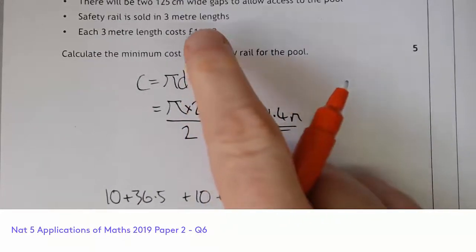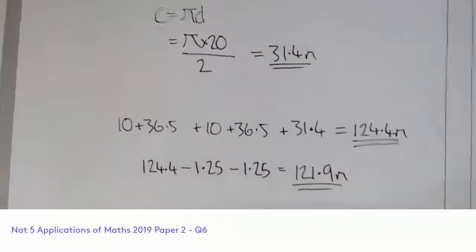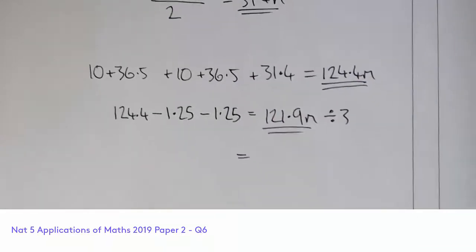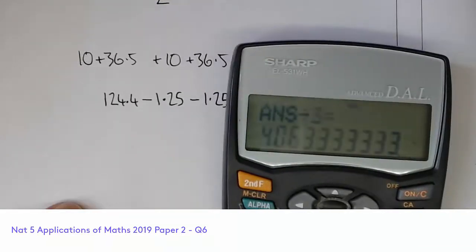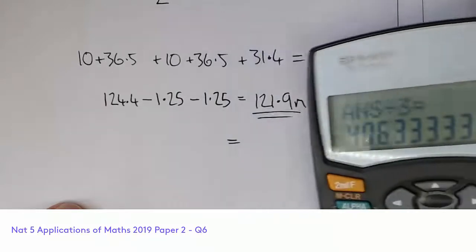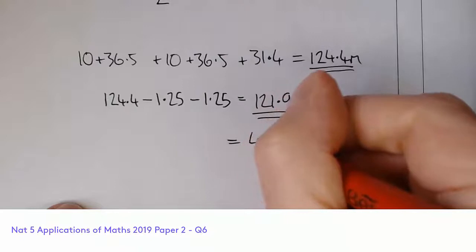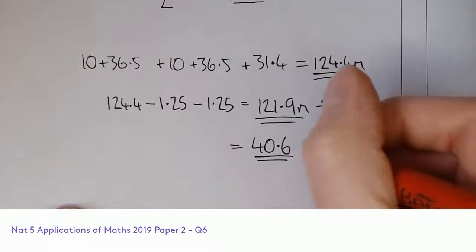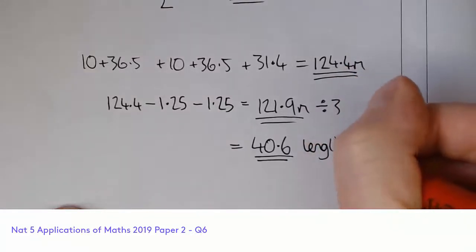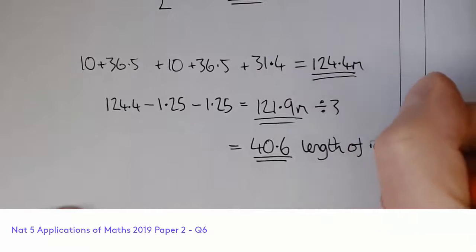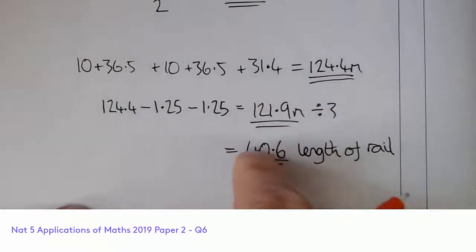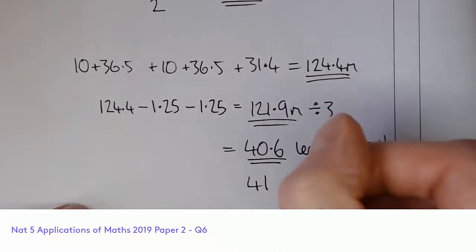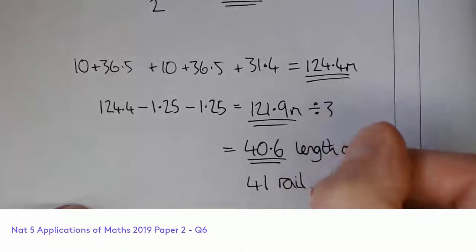Now they're sold in 3 metre lengths, so I'm going to divide that by 3 to work out how many lengths we have to buy. That's 40.6 lengths of rail. You're not going to go into the shop and ask for a 0.6, so we're going to have to round that up. So that's actually 41 rails.